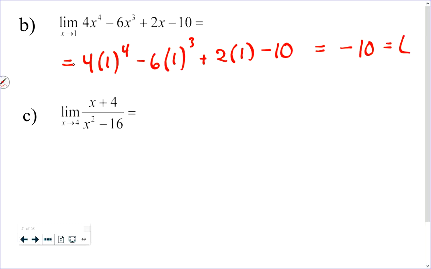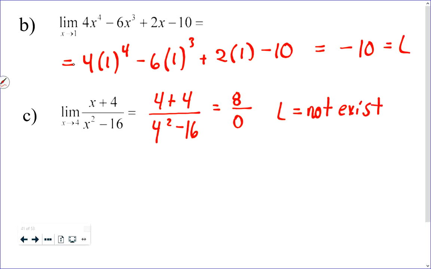Now, if we try to put 4 into this expression, what happens? We would have 4 plus 4 over 4 squared minus 4. We get 8 divided by minus 16. You get 8 divided by 0. And since the top of this expression is a number that's not 0 and the bottom is 0, the limit does not exist.